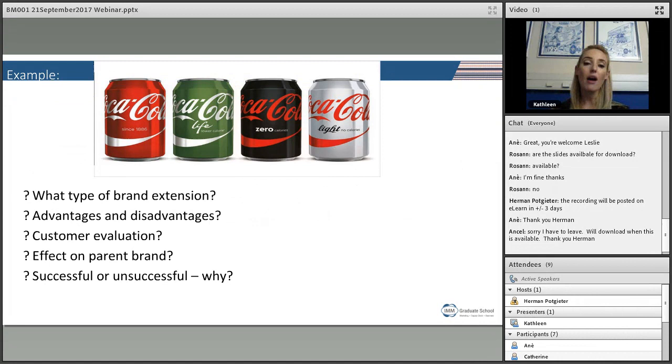And often, the marketers focus only on one brand association and ignore the fact that an extension could actually increase the number of brand associations, which would increase the amount of brand awareness and brand knowledge that customers have about a brand, which would ultimately increase our brand equity.